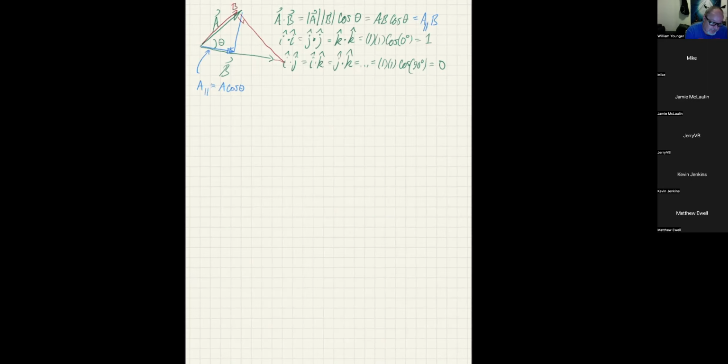This is the component of B parallel to A, and that's equal to B cosine theta. So you could also say it's equal to B parallel times A.